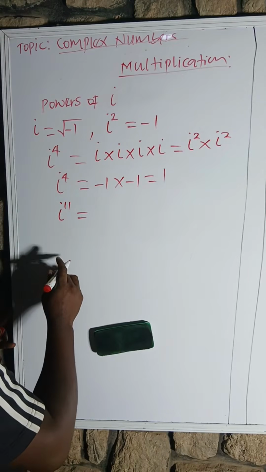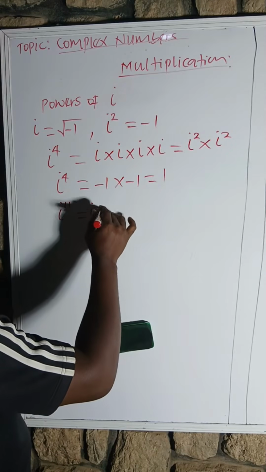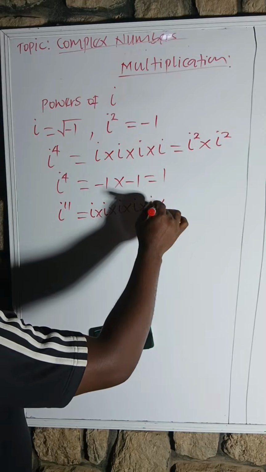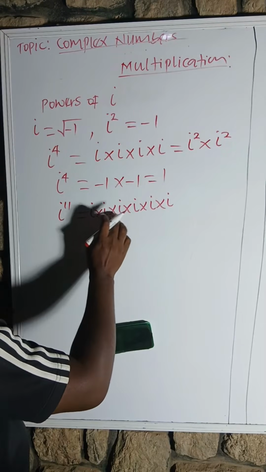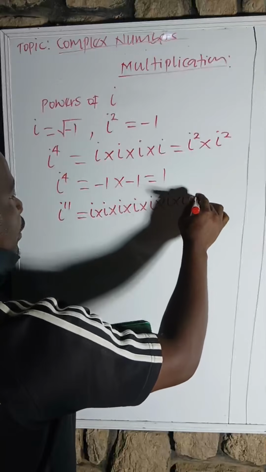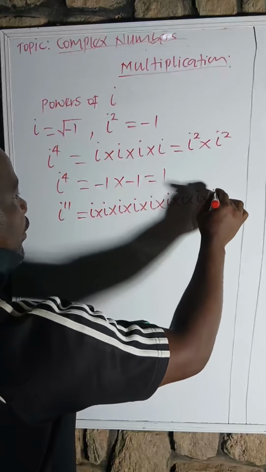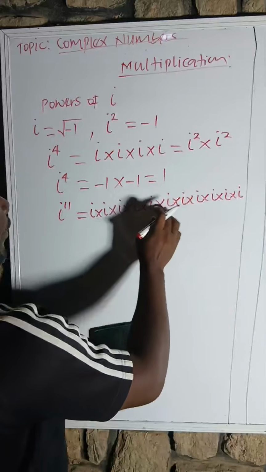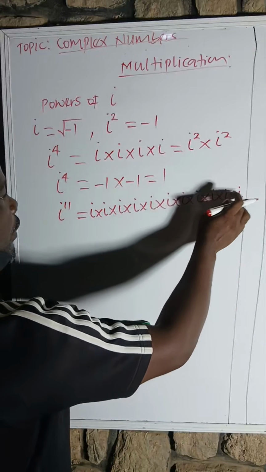i raised to power 11 is the same thing as i times i times i times i times i times i, 1, 2, 3, 4, 5, 6, times i times i times i times i, 1, 2, 3, 4, 5, 6, 7, 8, 9, 10, 11.